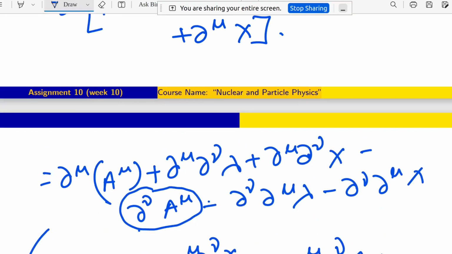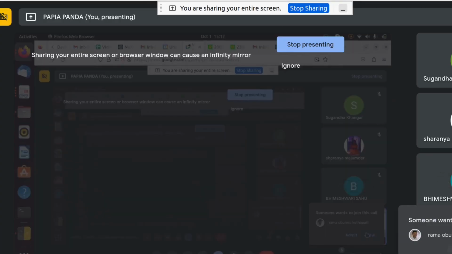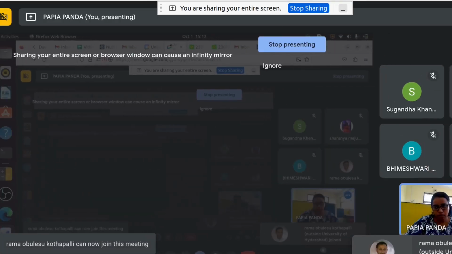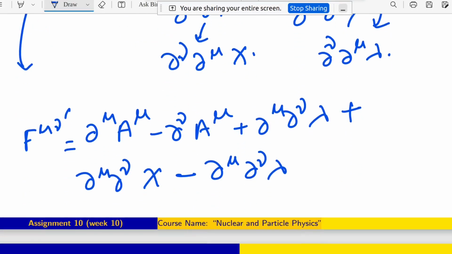Where is the minus? Here. Del mu lambda del mu chi, and I told you that it can be interchanged. That means del mu lambda minus del mu chi.